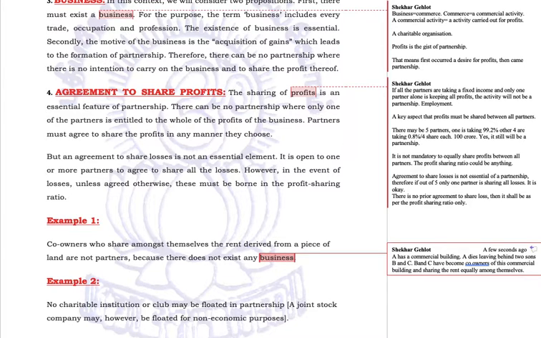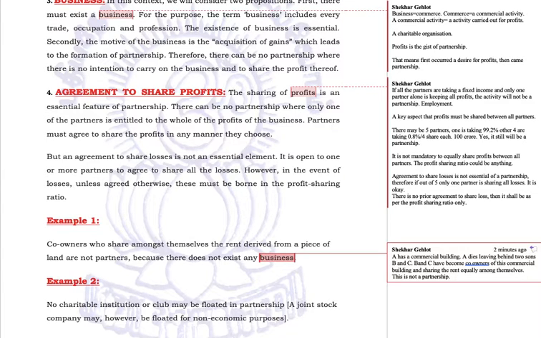Now will we call this activity a partnership activity? The answer is, this is not a partnership. This is a legal succession, a legal rule of succession of the property of a predeceased father by his sons. They have merely become owners of the property as the father has died, leaving them an equal share.